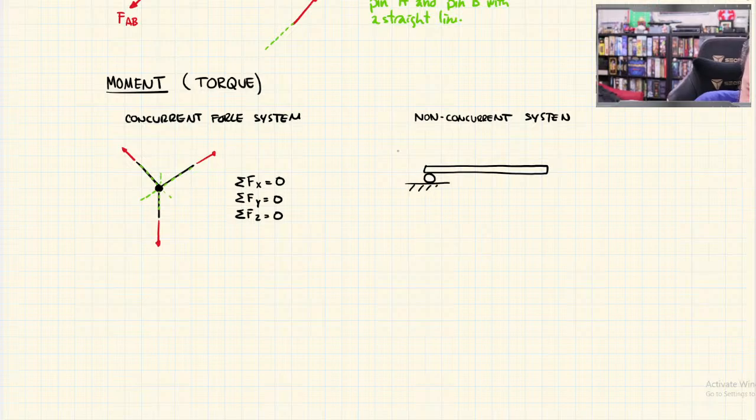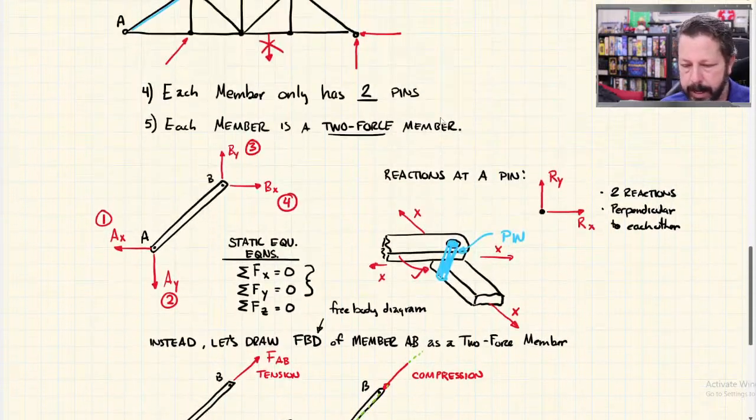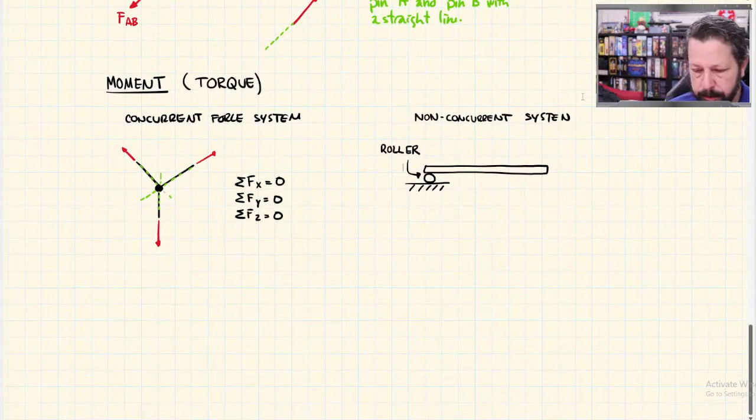Maybe we haven't seen this before. That's going to be called a roller. It would have two L's. And a roller, how we had the reactions at a pin, there were two reactions perpendicular to each other. A roller, let's see, where can I put that?